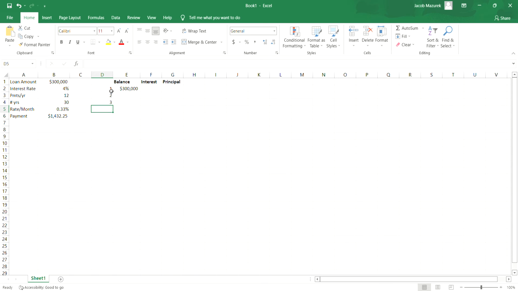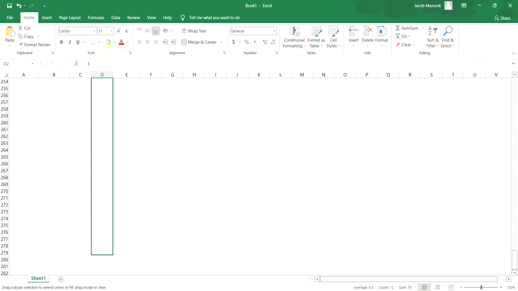We know that it's supposed to be 360 payments, so I can fill the thing in series, meaning it'll continue on to 1, 2, 3. If I pull this down right here, clicking in the lower right hand corner with this little cross sign, it goes to 4. If I continue to pull down, it'll continue to increase.